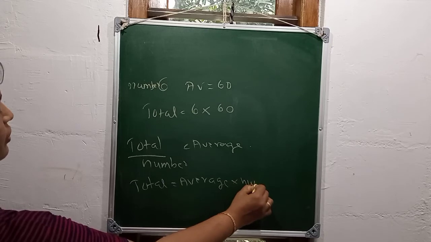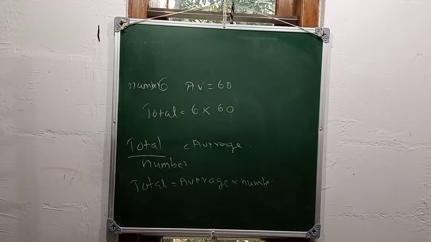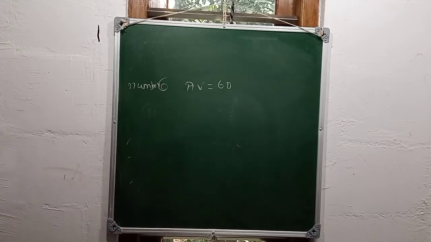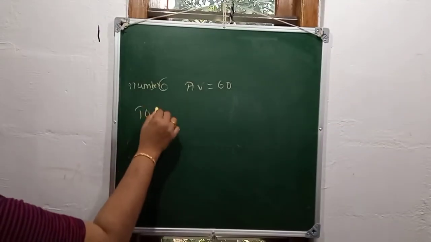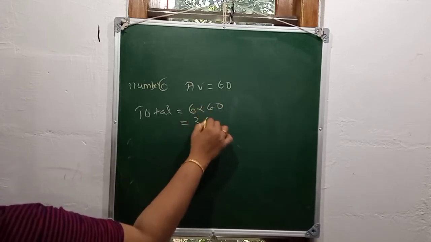Here the number is 6 and the average is 60. So what is the total? Total is equal to 6 into 60, that is equal to 360.